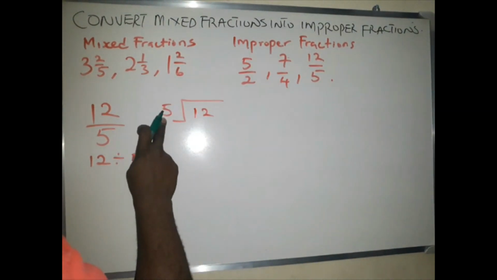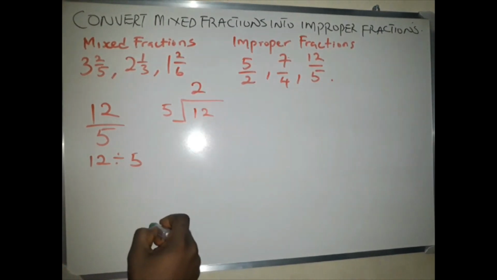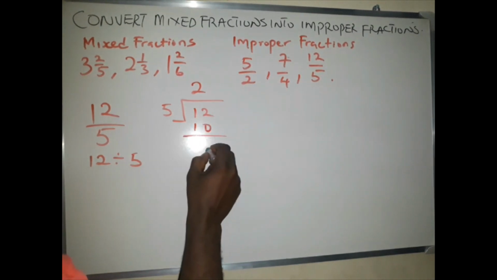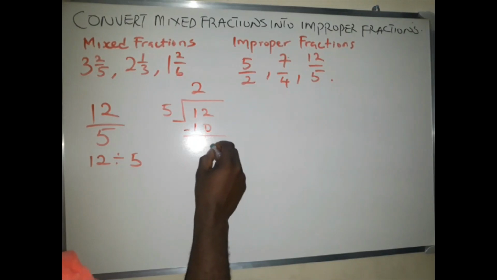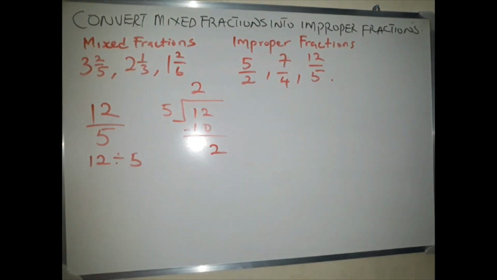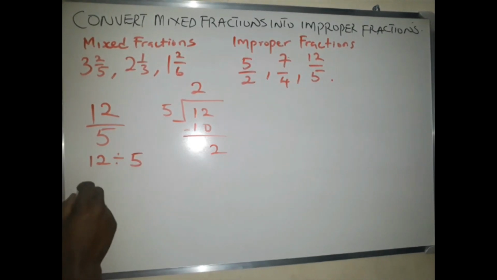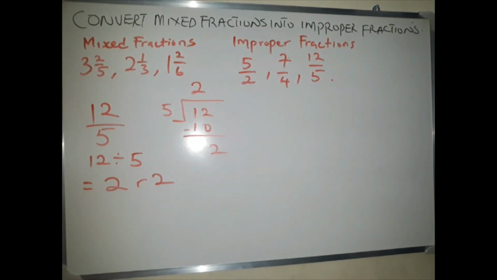Now, 5 into 12 will give you 2. 2 times 5 is 10, and you subtract 10 from 12, which gives you remainder 2. In this case, it will be 2 remainder 2.